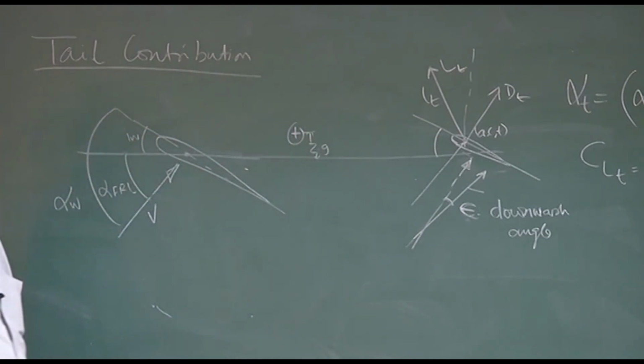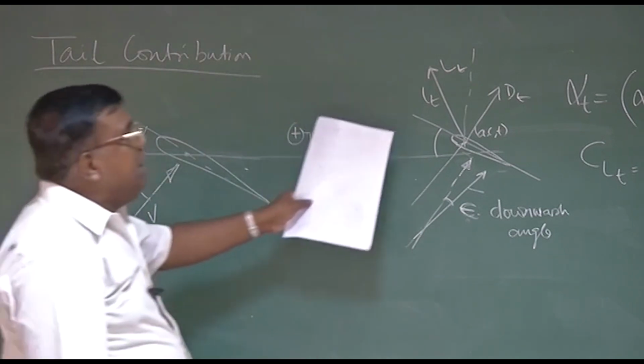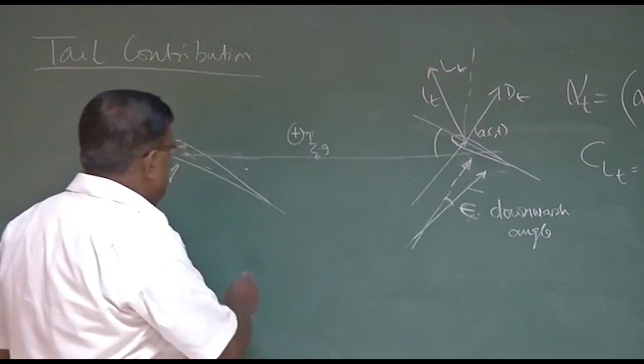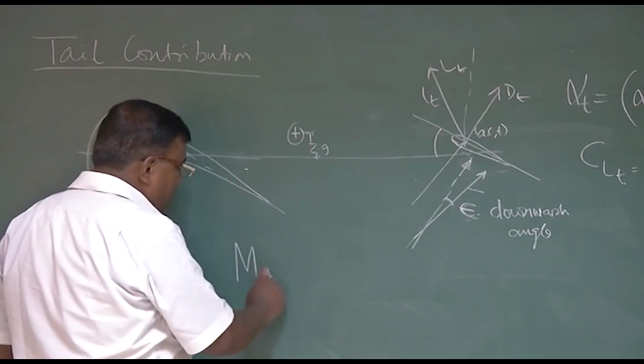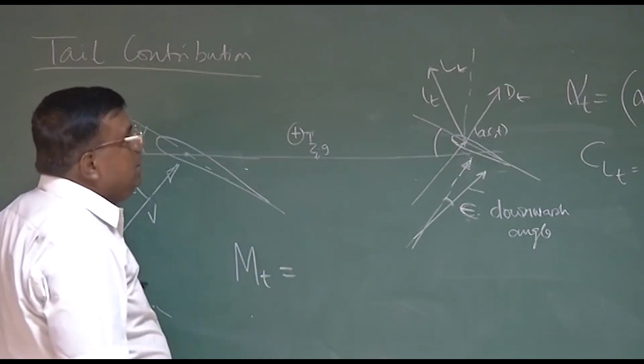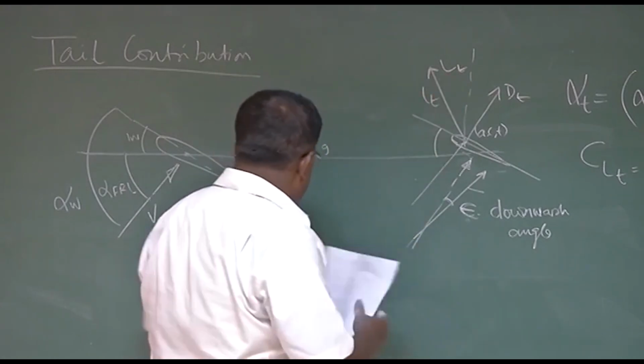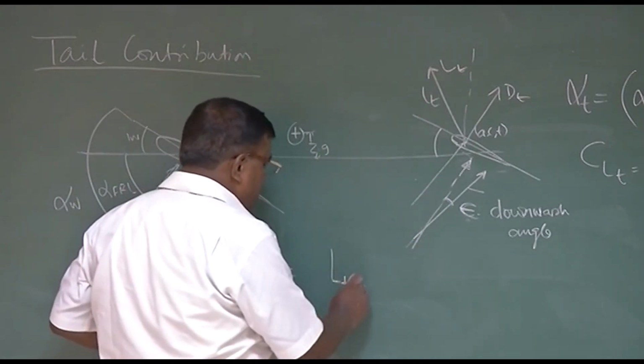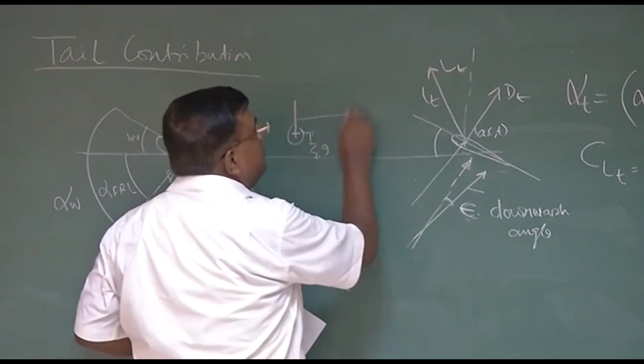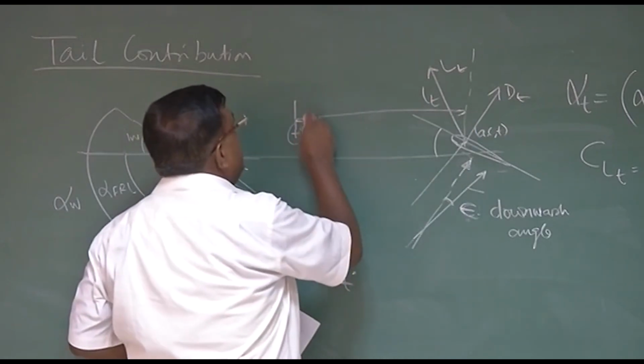Since anyway we are doing all simplification, very common sense says, if these angles are small, what is the moment because of tail about the CG? How much will it be? Simply because of a lift at the tail, lift because of tail into this distance from AC of tail to CG.